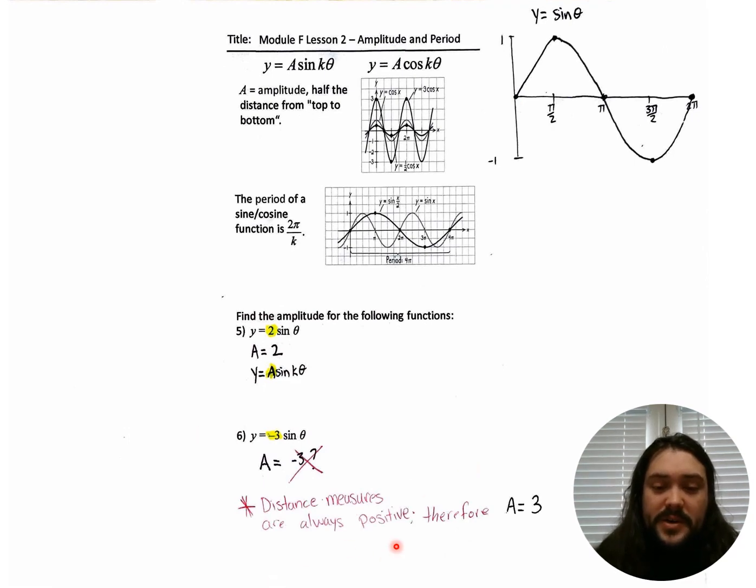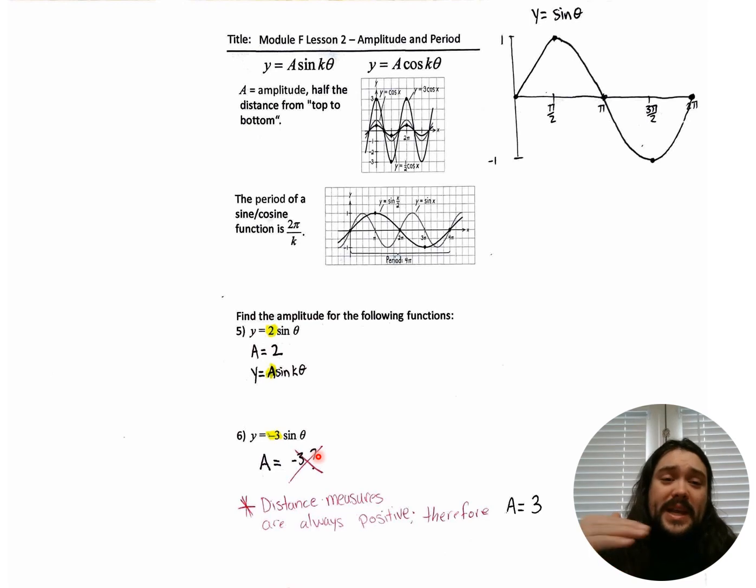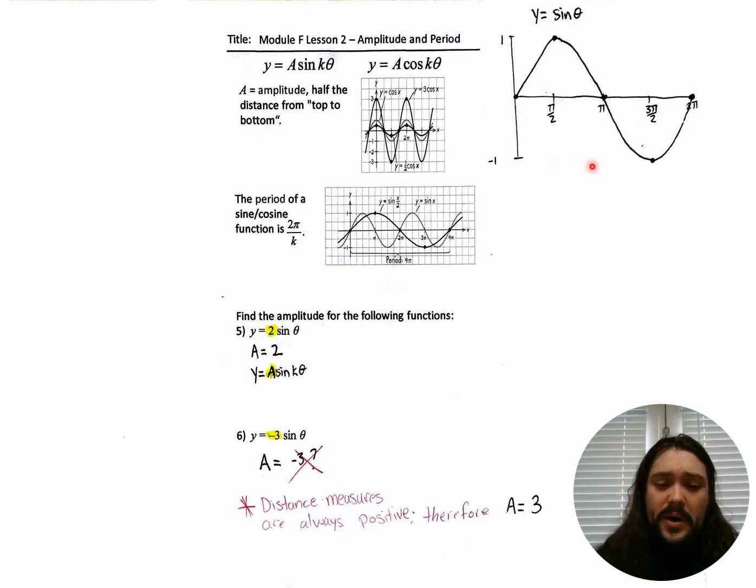Therefore our amplitude is going to equal 3. So whether it's y equals -3 sine theta or y equals 3 sine theta, the amplitude, or the distance between the x-axis and the crest of our graph, is going to be the same. It's still 3 whether it's +3 or -3.